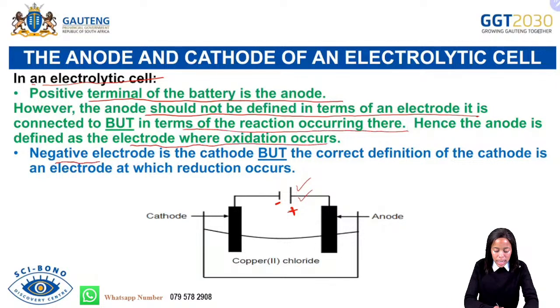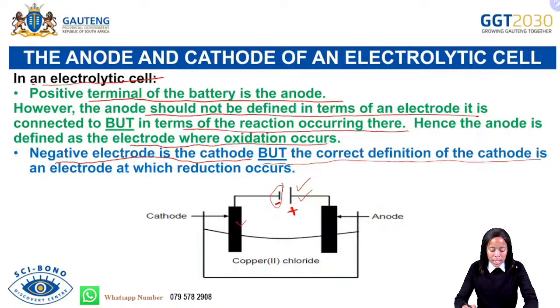Then we have the negative electrode, represented by the shorter line there. The correct definition of the cathode is the electrode where reduction is going to take place.